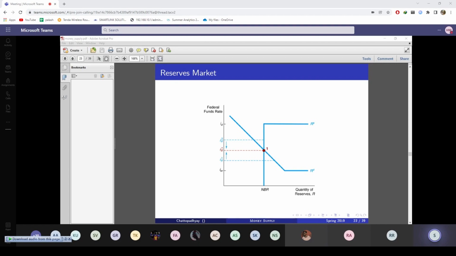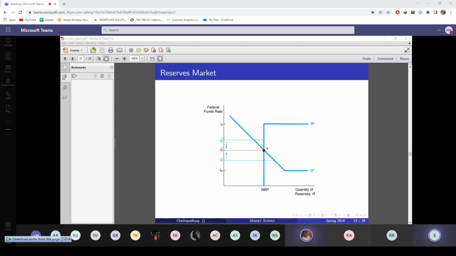One thing tell me, why does a bank keep reserves? Especially, why does it hold excess reserves? What is the purpose of holding reserves? So to supply whenever there is demand for money, like capital.